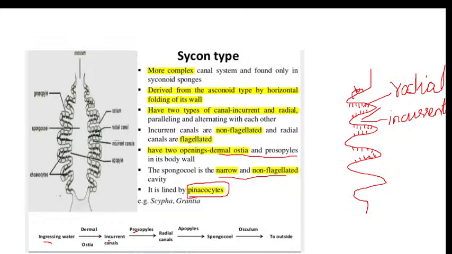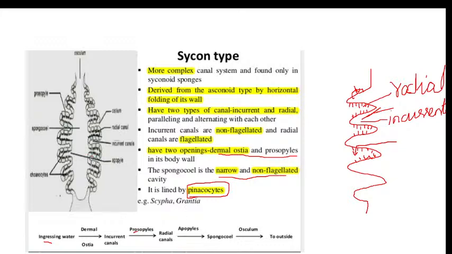After reaching the incurrent canals, through the prosopiles the water reaches the radial canals, and through the apopiles.